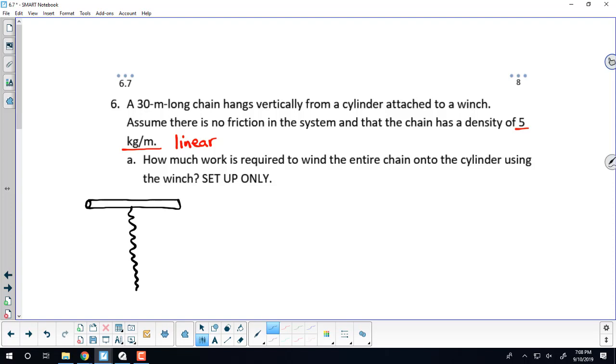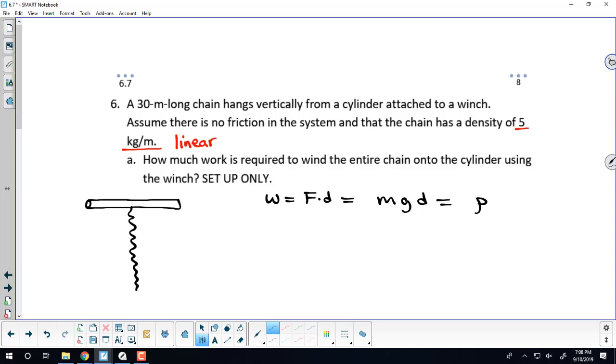So if we're simply talking about this chain here, and we're talking about work equals force times distance, then working with what we have, we're already given a density. So if we think about force as mass times gravity, times distance, and then we think about mass as density, in this case not volume but length, right?